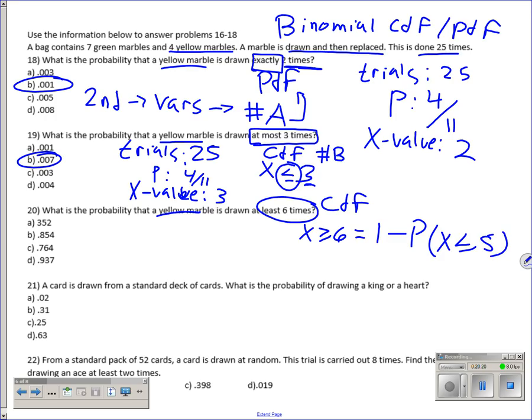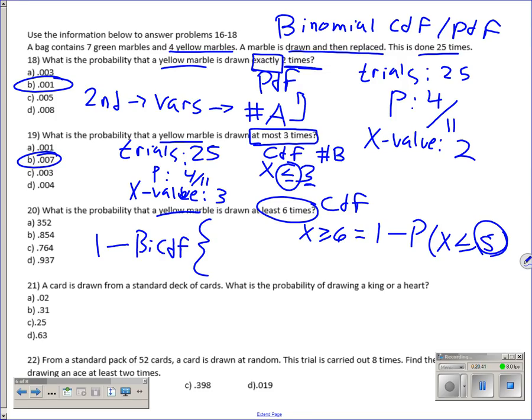That's how you do it. You do 1 less and then 1 less for the x value. And the number that's beside the less than or equal to symbol is the number you plug in for x. So in your calculator, you're going to literally type in 1 subtract and then the binomial CDF with those 3 values in it.